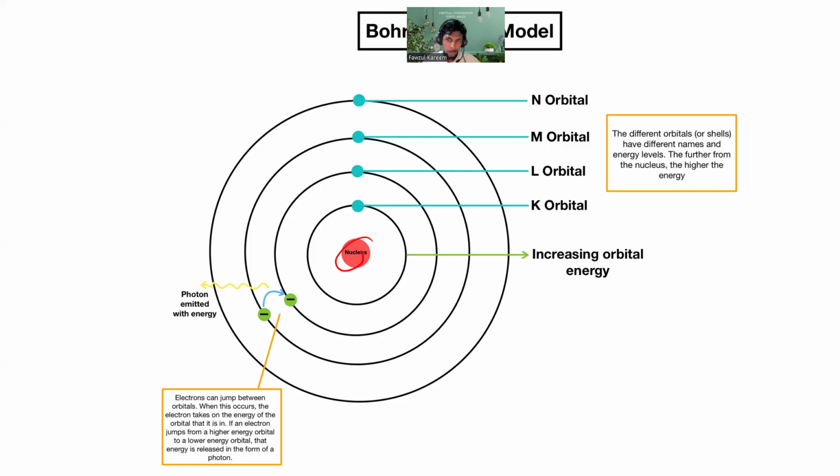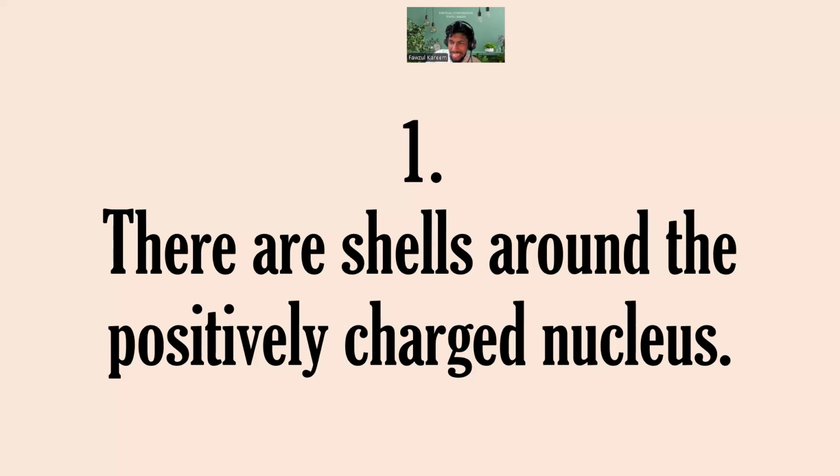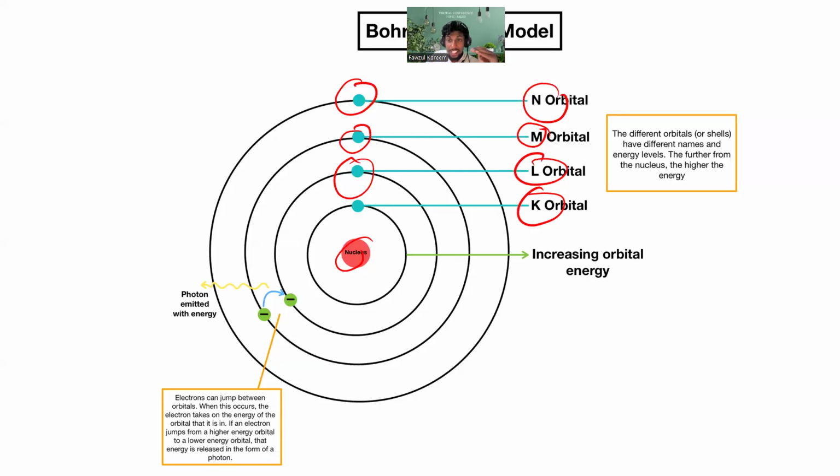The first floor of the building will be named K, the second L, the third one M, the fourth one N. Up to now I said layers, but hereafter I will say shells.